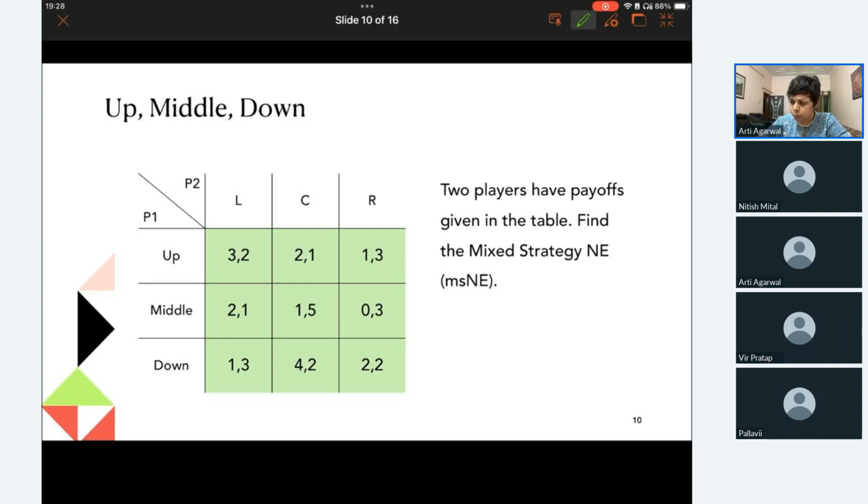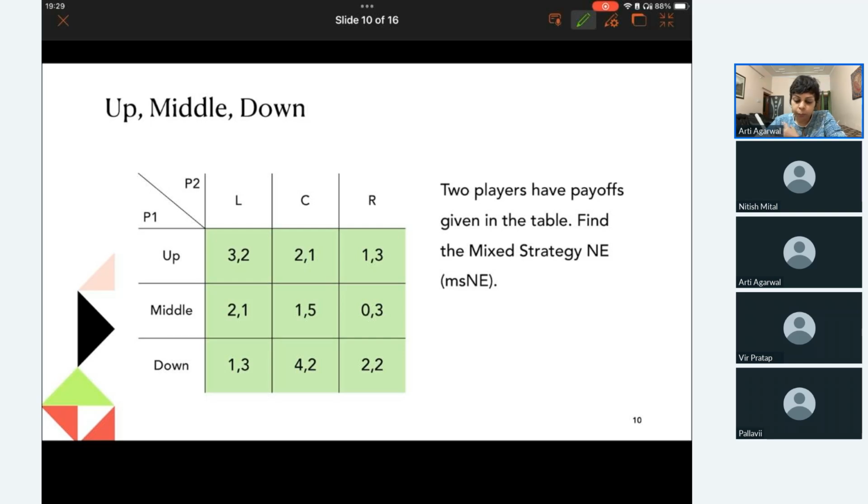Now, what do I mean by that? Suppose I look at this game. Let's look at P1's strategies: up, middle, down. If you look at the strategy middle, against any strategy of P2, middle is never giving a good payoff, right? If P2 is playing L, middle is giving 2, whereas up is giving 3.